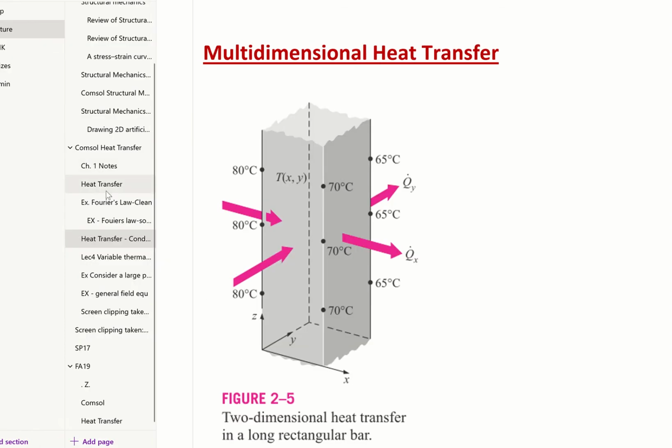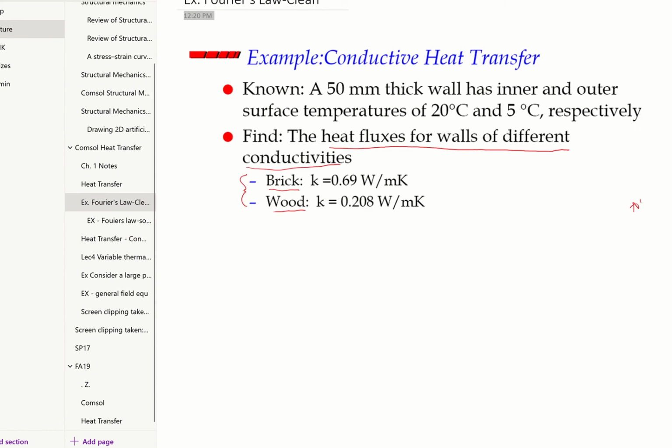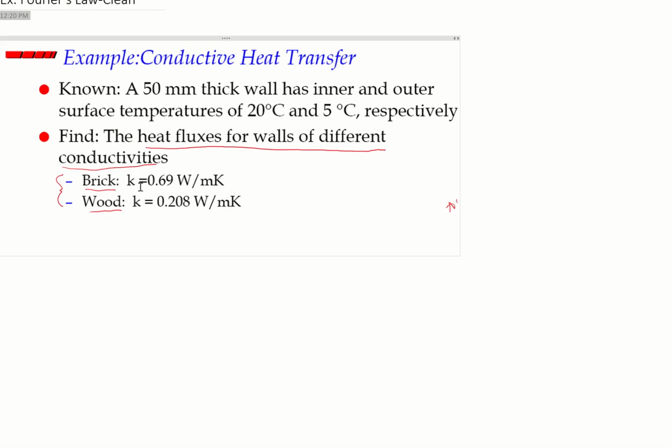So, all right, let's take a look at an example problem. This problem is an example of heat transfer via conduction. We have a wall that is 50 millimeters thick, and the inner and outer surface temperatures are 20 degrees Celsius and 5 degrees Celsius respectively. So there's a temperature gradient.